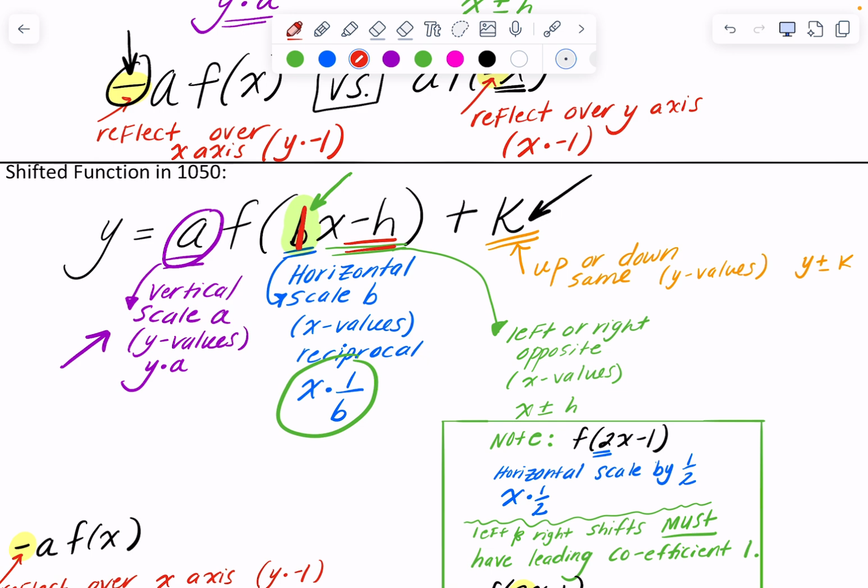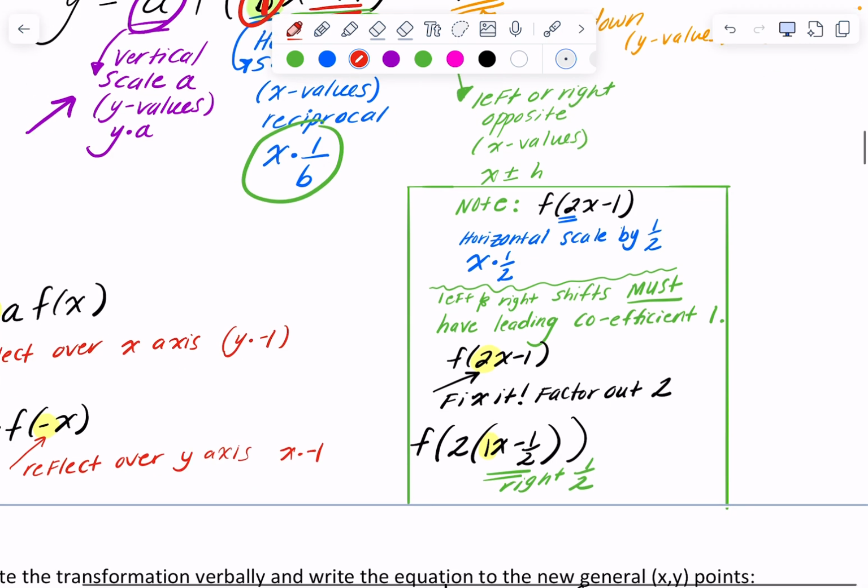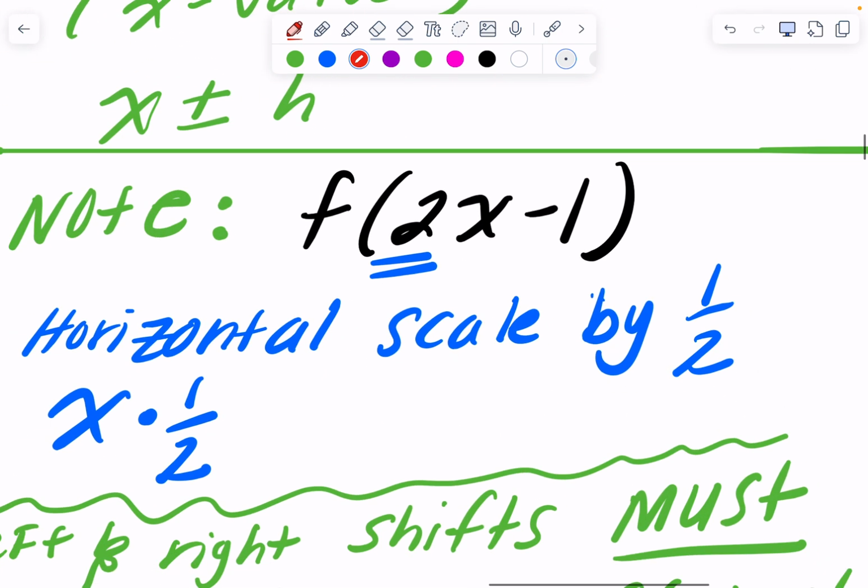You're going to need to factor out this number, and then look at these two terms at that point to determine the shift left and right. Because if you factor out b, now your leading coefficient would be 1. So just something to keep in mind. Okay, so look, I'm zooming in here. Make note of this, okay?